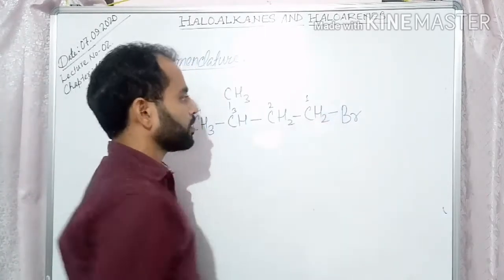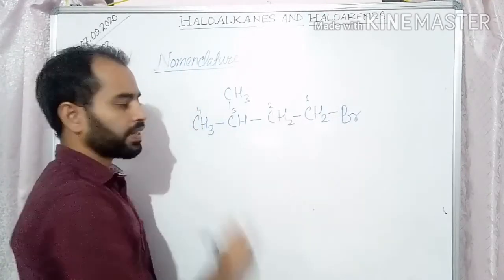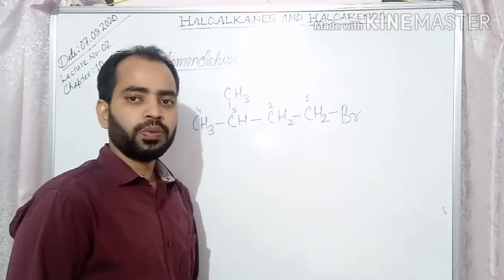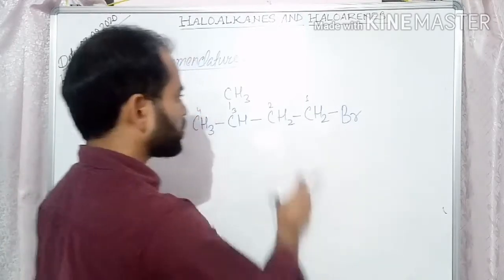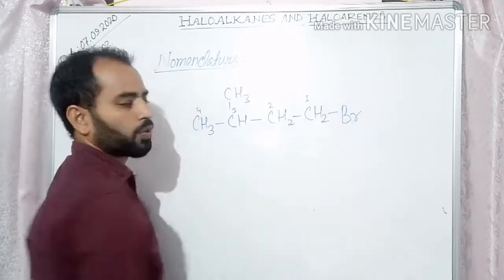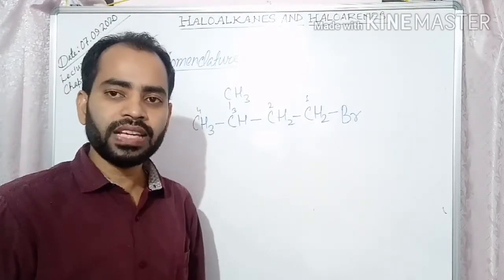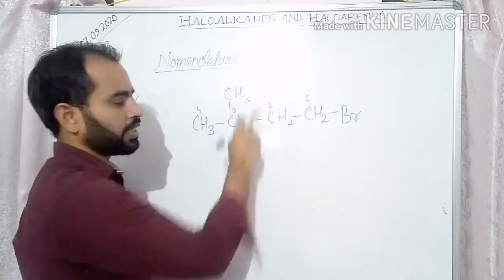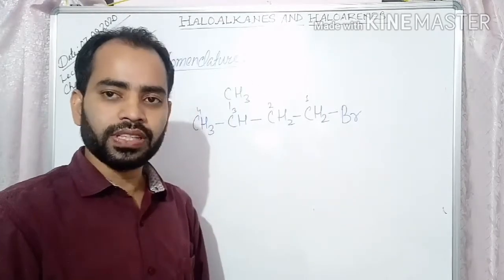Okay, so the numbering is done. Next we have to write the name. While writing, you see this bromo group will come as prefix, and if there is branching, it also comes as prefix.